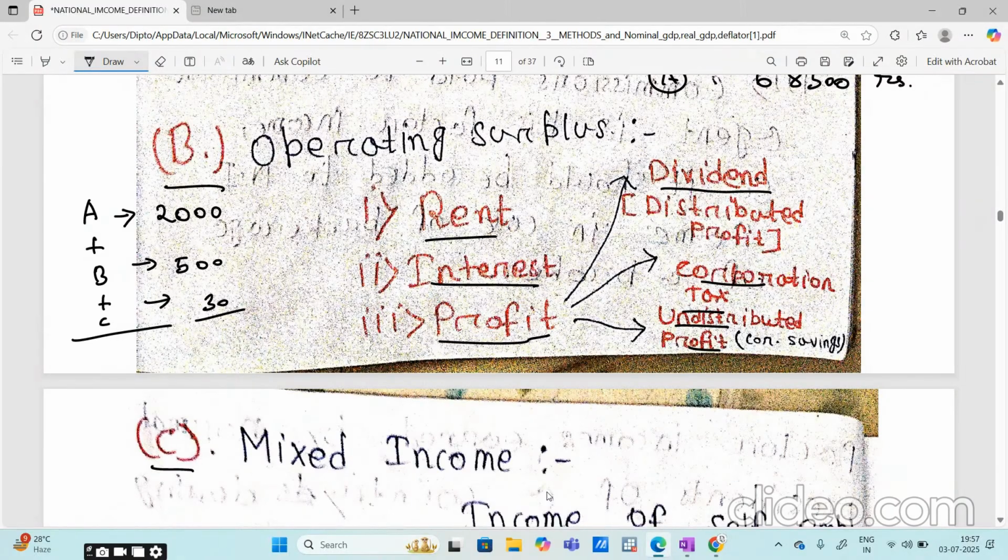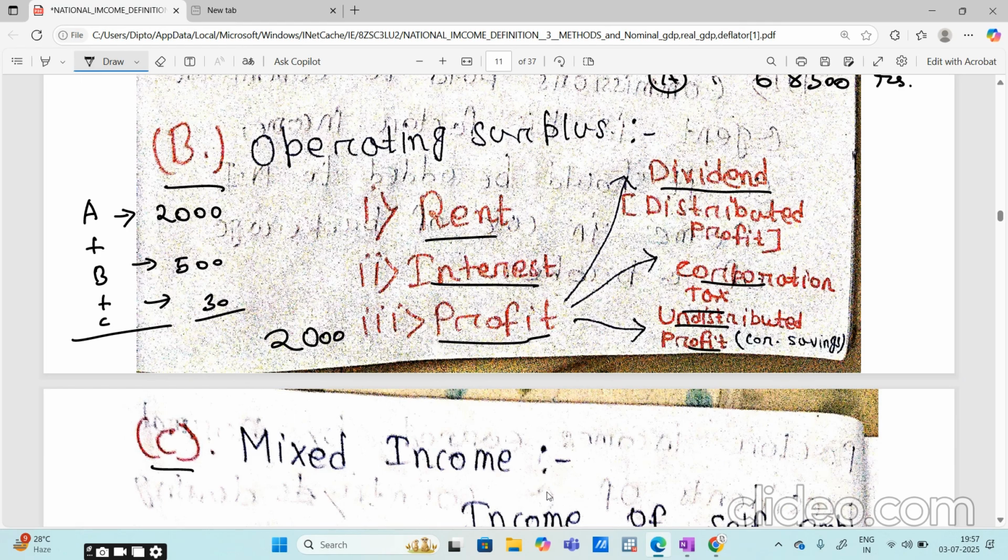Suppose all the companies or all the firms of India, let me assume for simplicity of explanation, have earned a profit of 2,000 rupees.